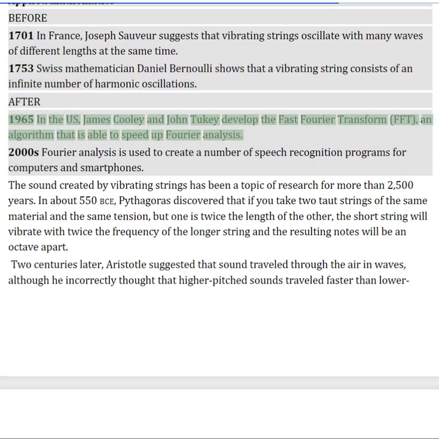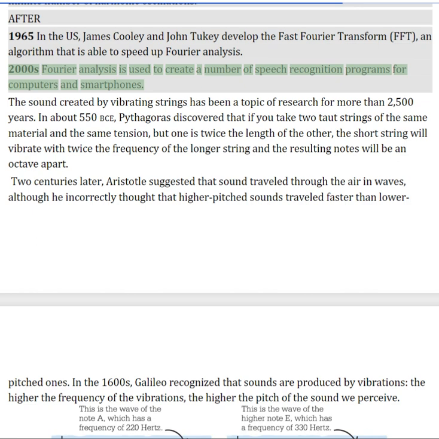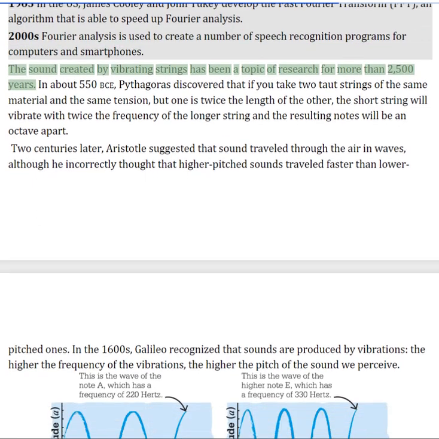After: 1965, in the US, James Cooley and John Tukey develop the fast Fourier transform, an algorithm that is able to speed up Fourier analysis. 2000s, Fourier analysis is used to create a number of speech recognition programs for computers and smartphones. The sound created by vibrating strings has been a topic of research for more than 2,500 years.